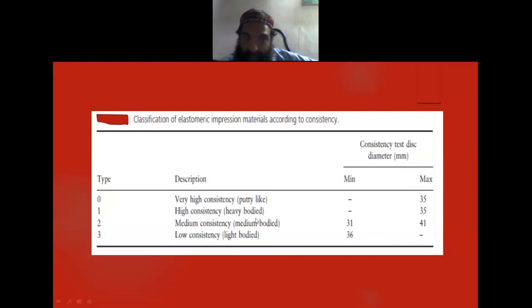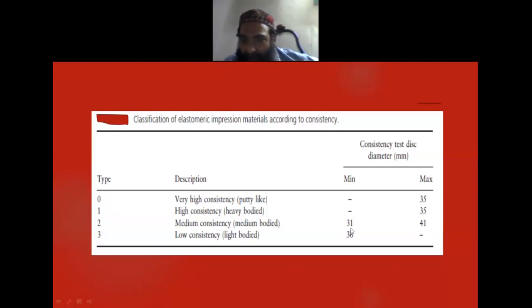Then high consistency type 1 again has a maximum 35 millimeter diameter. The medium consistency, type 2, is also called medium bodied.